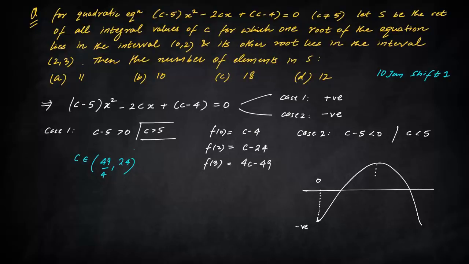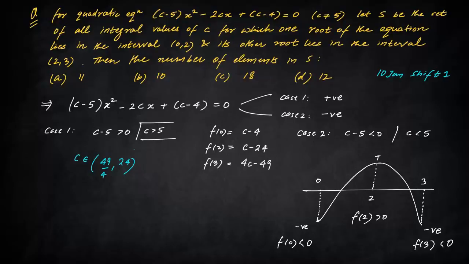The value at, let's say, 2 would be positive. And again, if I take the value of 3, this will again be negative. So here f0 is negative. Earlier it was positive. f2 is going to be positive. And f3 is going to be negative. All of them will be reverse.